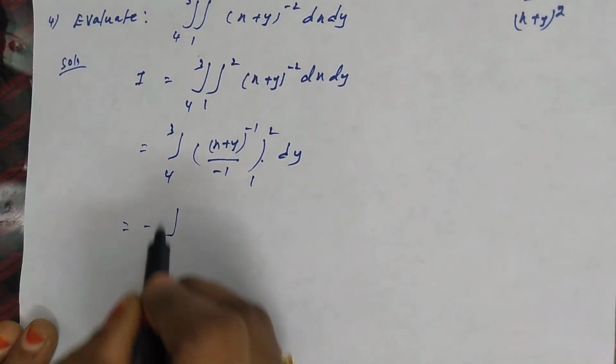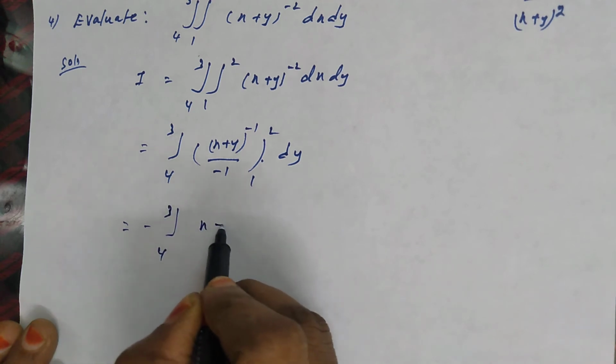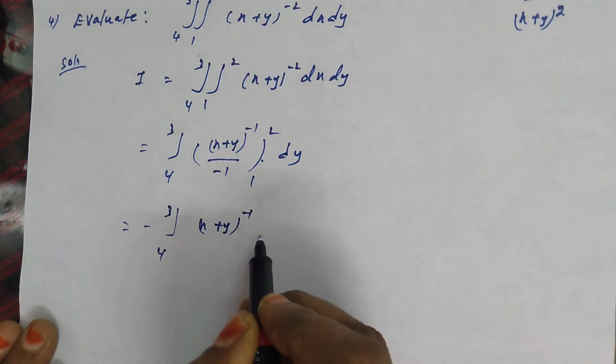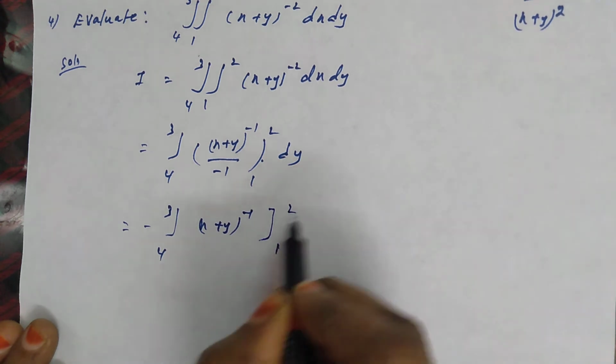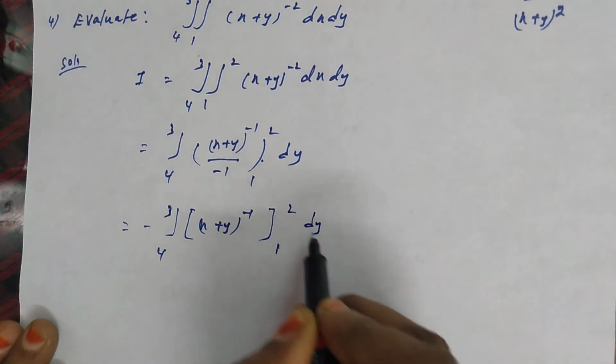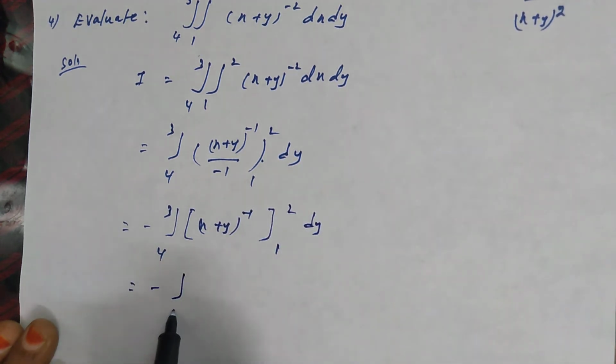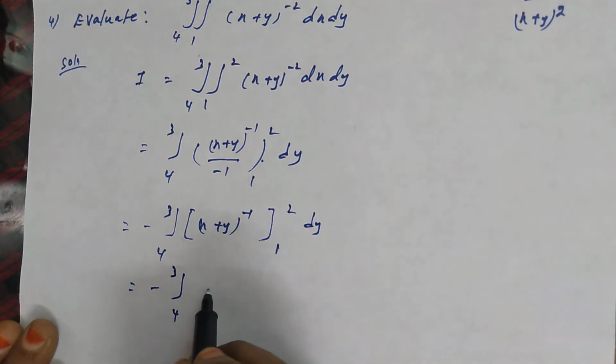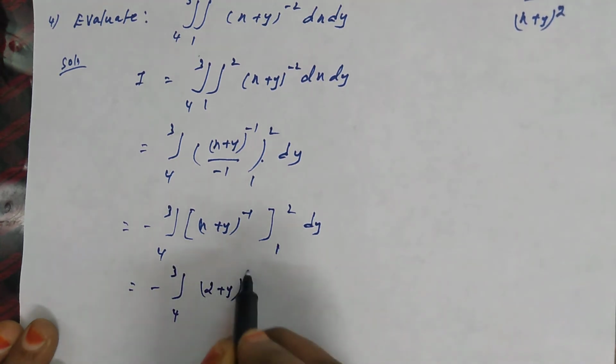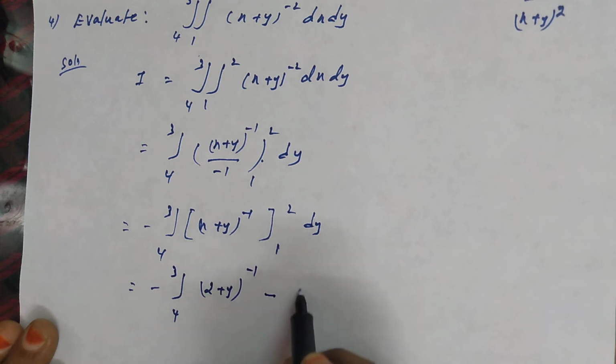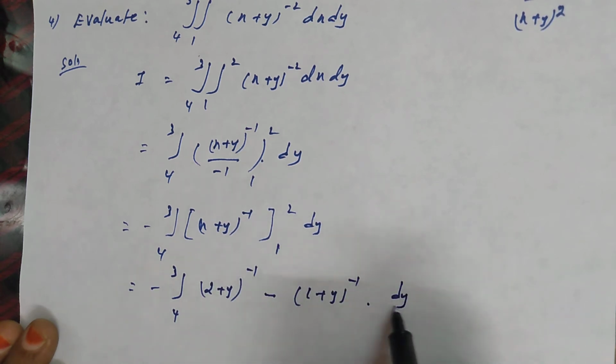So minus the integral from 4 to 3 of x plus y power minus 1 with the limit 1 to 2 into dy. Here the limit is for x. So 2 plus y power minus 1 is the upper limit, minus the lower limit, 1 plus y power minus 1, into dy.